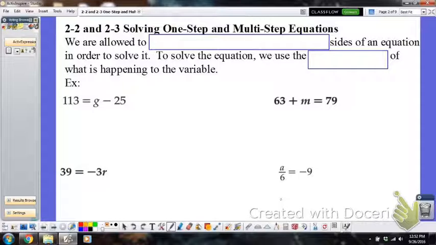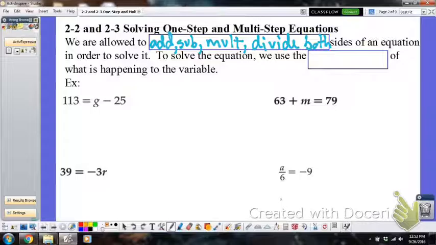And we know that we are allowed to add, subtract, multiply, and divide both sides of an equation in order to solve it. So we can add, subtract, multiply, divide both sides of an equation to solve it.